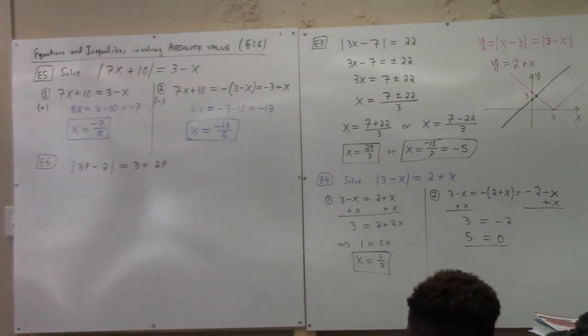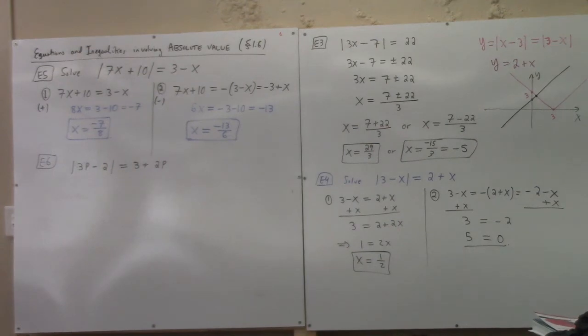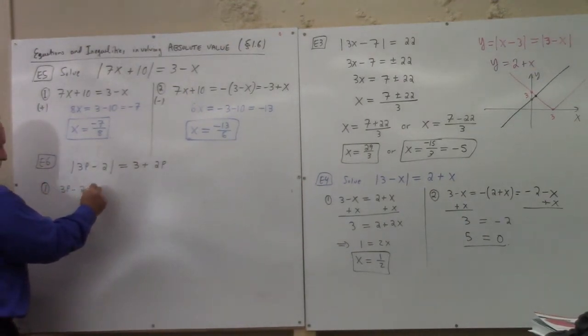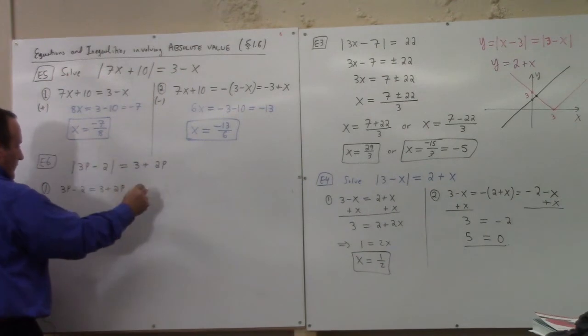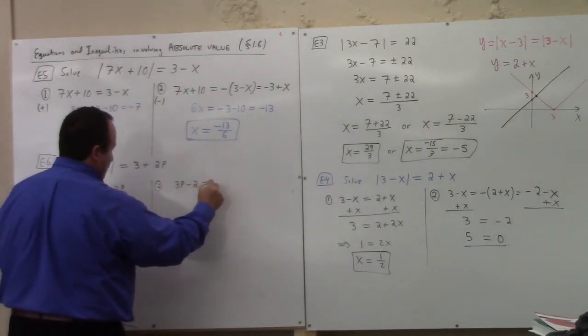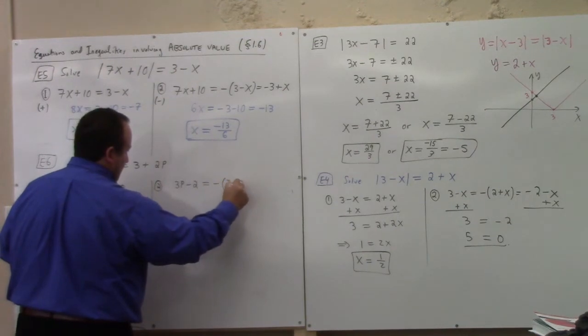Just instead of having an x, I've got a p. But don't be scared by that. It's the same steps. We solve 3p minus 2 equals 3 plus 2p. Or we solve 3p minus 2 equal to minus, parentheses, 3 plus 2p.